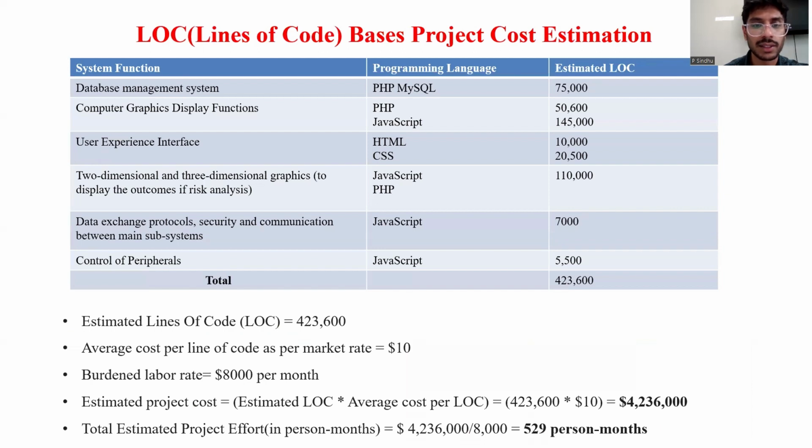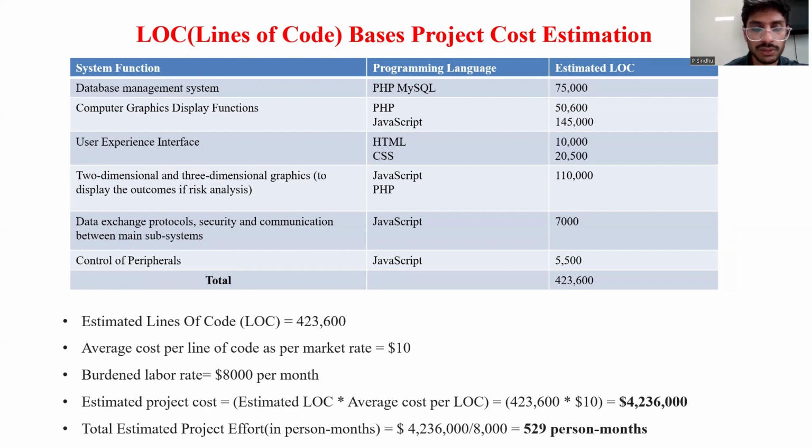And the next diagram is the project estimation with the lines of code. We have estimated the project with the lines of code. It's equally important to develop the system and to get the estimates of the project cost. So the cost can be estimated based on the lines of code that are available in the system. The LOC can be written using different programming languages like Python, C, Java, PHP, MySQL, JavaScript, and there are many languages.